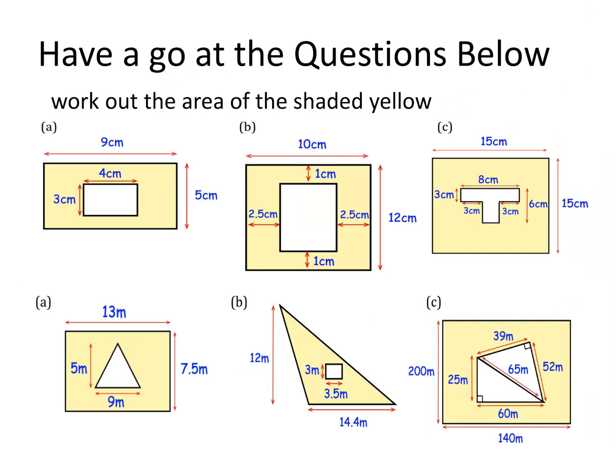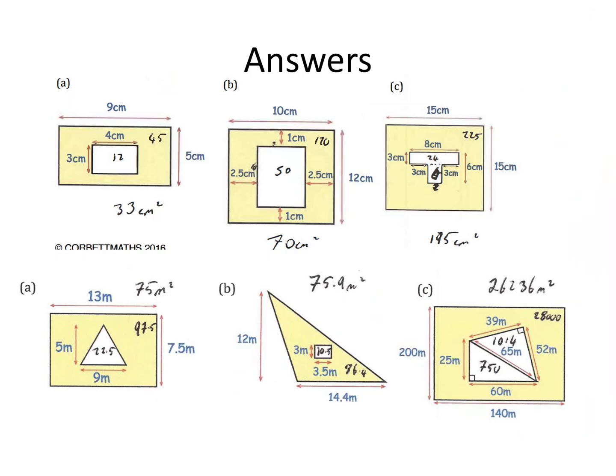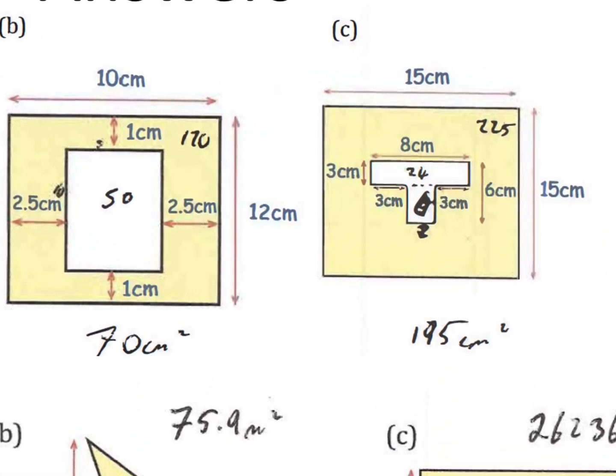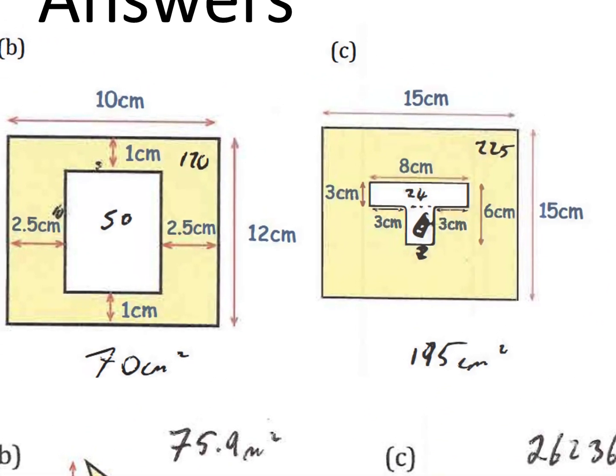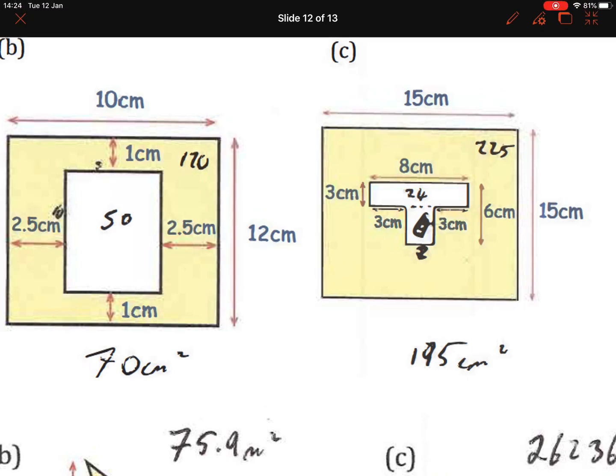Okay, brilliant. Well done for having a go. Hope you recognise, guys, that we had some compound shapes here. I'll just go through it with the answers. What they've done here is they've split it up into 2 rectangles. So you'd have 8 times 3 would give you 24.